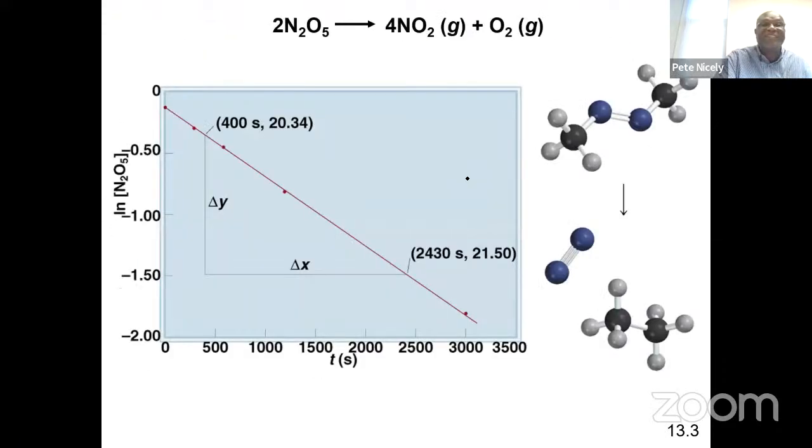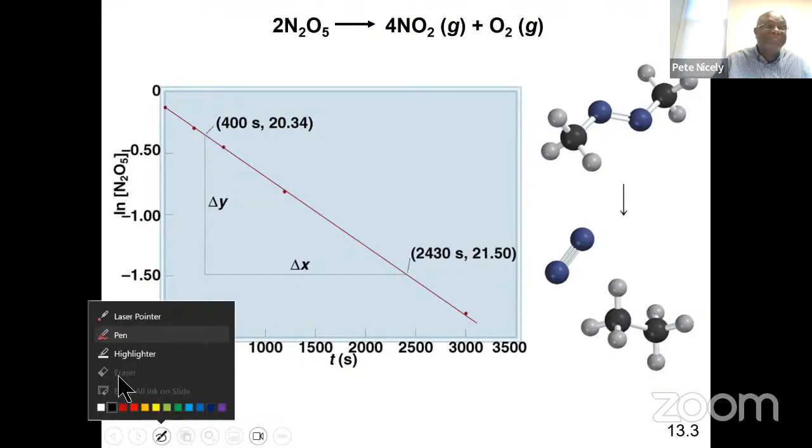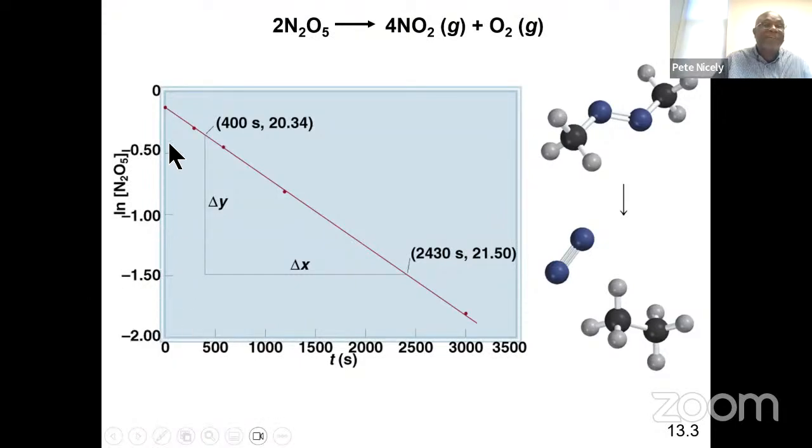Okay, so this is an example that was covered in the video. Basically, this is the plot of ln A. In this case, this is the reaction here, and A would be dinitrogen pentoxide. It's a first order reaction. So this is the natural log of the concentration of dinitrogen pentoxide.